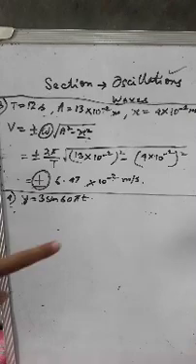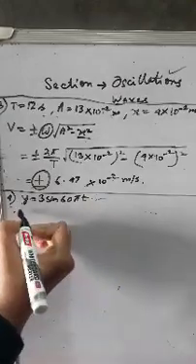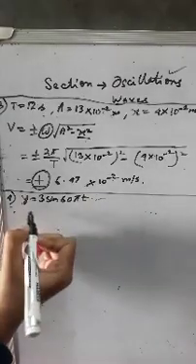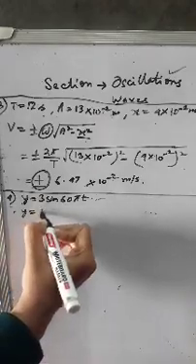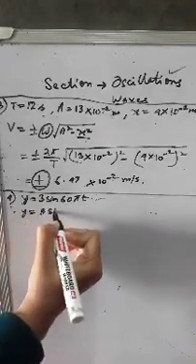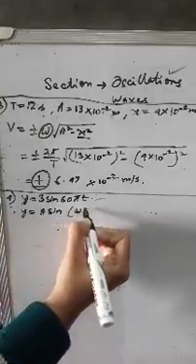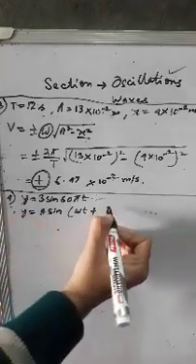Now, students, from this particular equation, you can see that this equation is more or less resembling the equation as you have seen in the theory portion. That is y equals to a sine within bracket omega t plus del.